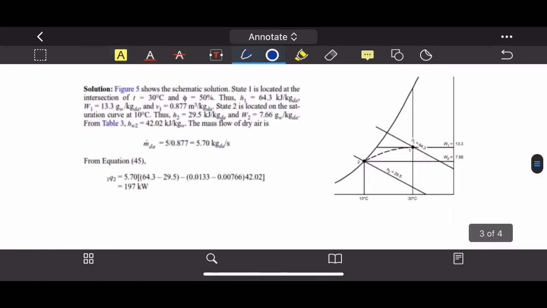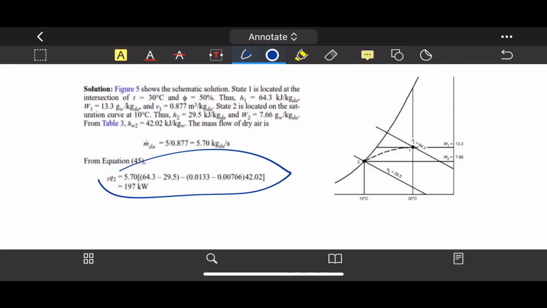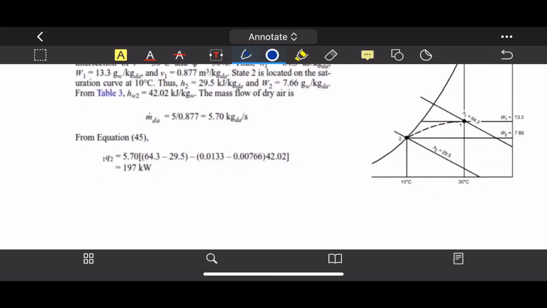So again, simply find state 1 and state 2 using a psychrometric chart, and you get all this data. Again, similarly, this is your volumetric flow rate, and then you put in the equation for Q. You can also find this on the lecture notes for SI unit, and the cooling load in SI units is around 197 kilowatts. And that concludes our week 4 tutorial for psychrometric chart part 1.